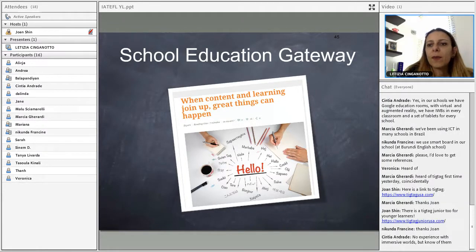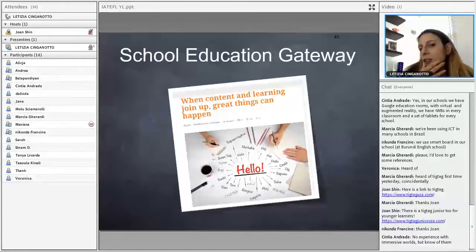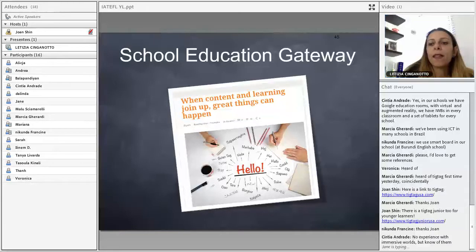Just a couple more suggestions, as I'm rushing towards the end. I've published a book on CLIL, but it's in Italian. This one is an article that you can find that I wrote on the School Education Gateway, the platform from the European Commission that has a lot of resources.